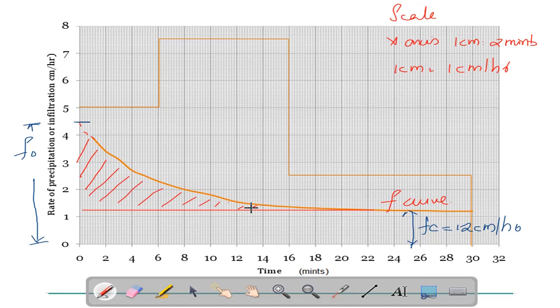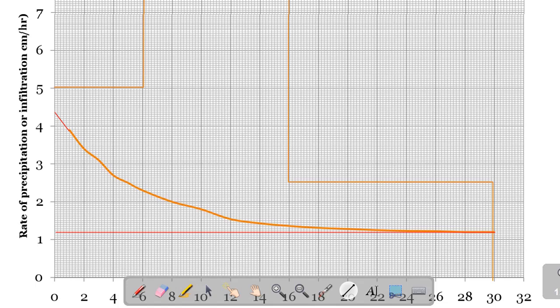How to find out that area? So we are going to calculate the value of F. For that, first I am going to consider this much area. For the entire area, we have to consider small squares, small units, and calculate the area. First I am considering this much area. If you look at the bottom, it is 8 minutes, and here this is 1.2.